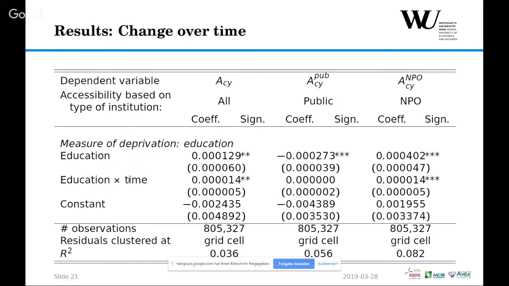In this example, I only show you education as a measure of neighborhood quality. And the interaction term is positive, indicating that richer areas profited overly much from the general expansion of childcare facilities. So inequalities increased over time. And again, the nonprofit daycare institutions account for this result, which can be seen in the third column.